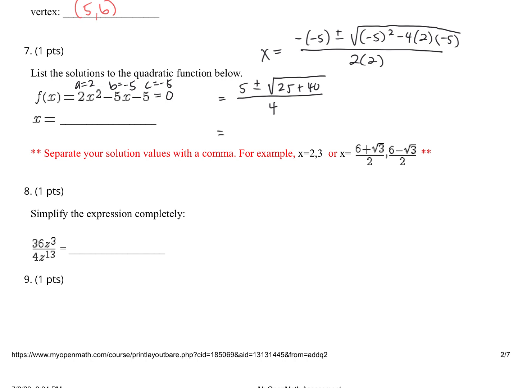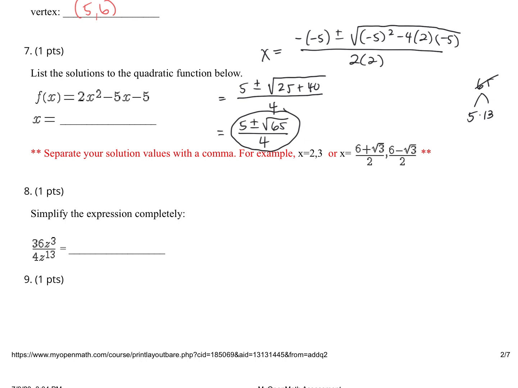And then that will be 5 plus or minus the square root of 65 over 4. And then we need to see if 65 can break down. So let me get my calculator. 65 divided by 5 is 13. Those are both prime. There's no pairs, so I can't go any further. So this is my solution to that problem.